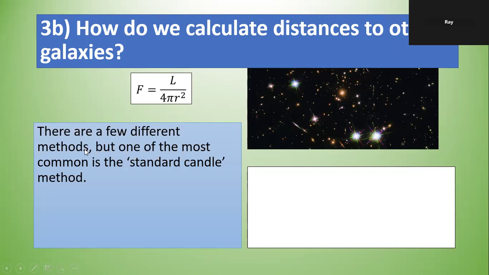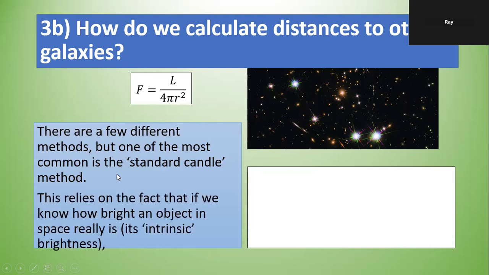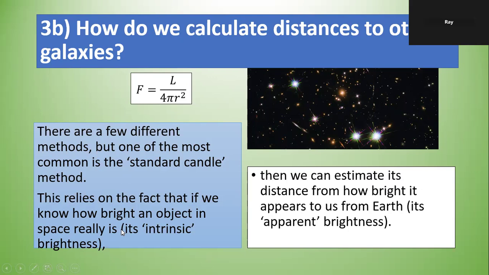There are a few different methods, but one of the most common is the standard candle method. This relies on the fact that if we know how bright an object is in space, its luminosity, really its intrinsic brightness, then we can estimate the distance from how bright it appears on Earth.